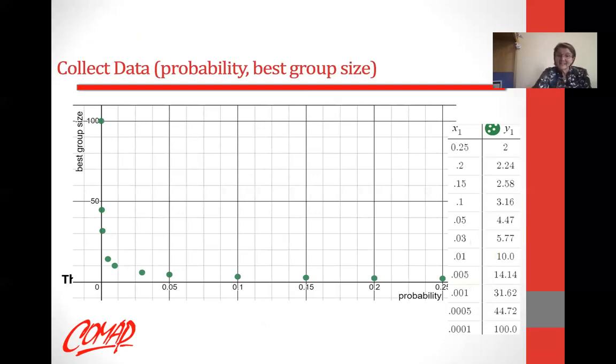You get this data set where my X values are probabilities of testing positive, and my Y values are optimal group sizes. And it has this really incredible relationship that looks like a power function, where the power is less than 1, actually less than 0, right?